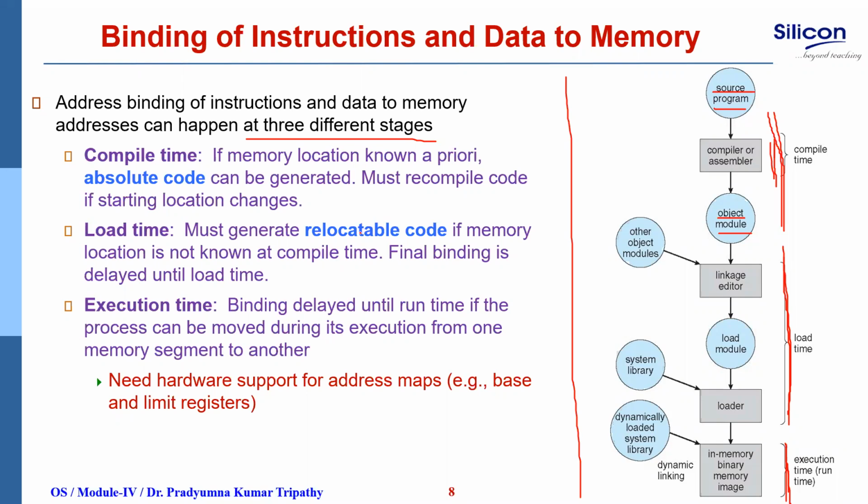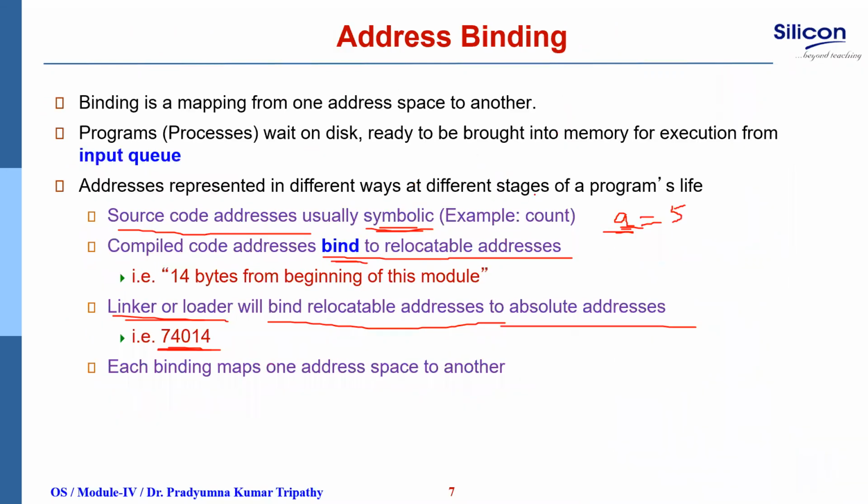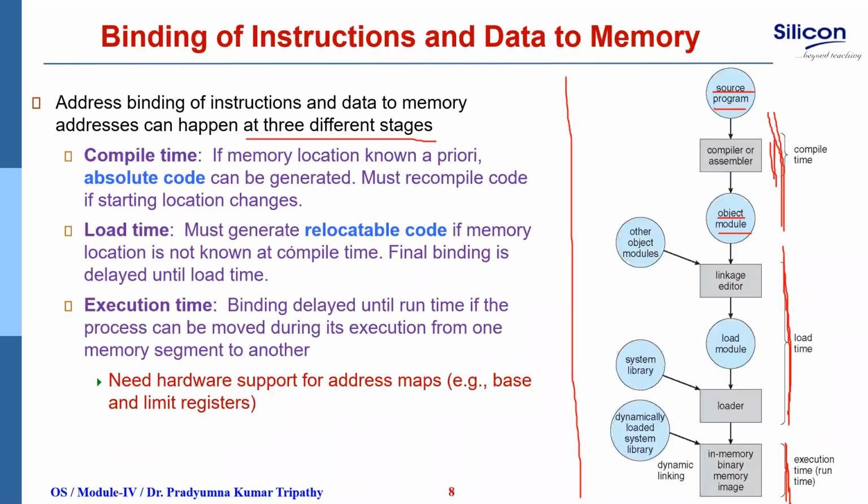Similarly, for load time, it must generate relocatable code. As I said, after binding, the symbolic codes bind to relocatable addresses. So load time must generate relocatable code if the memory location is not known at compile time. If it is known at compile time, then we generate the absolute code.